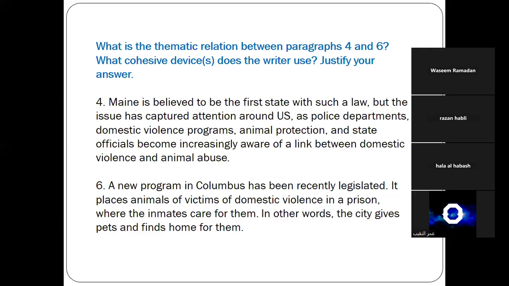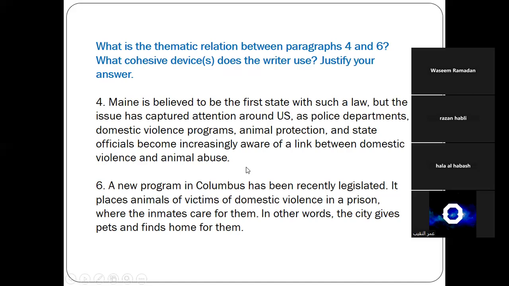And after throwing them in prison, they bring pets and force them to take care of the pets, as punishment. Fine?